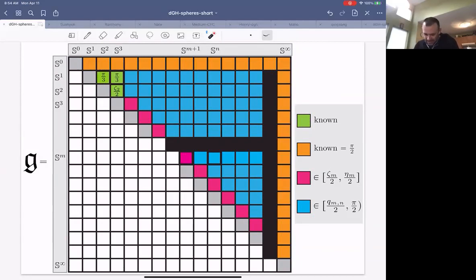And then the purple entries are partially known. We know some lower bound, zeta m. Zeta m, remember, is the side length of the M geodesic simplex. And there's an upper bound that I didn't have time to describe, but in general it doesn't match zeta m.